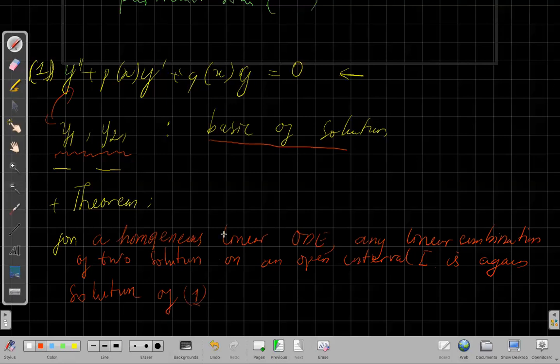That means, and what is the combination? So this theorem states like that.